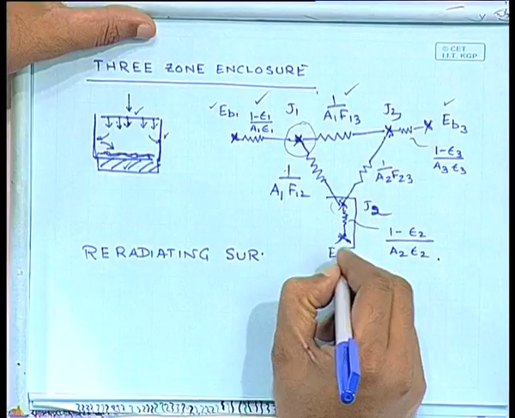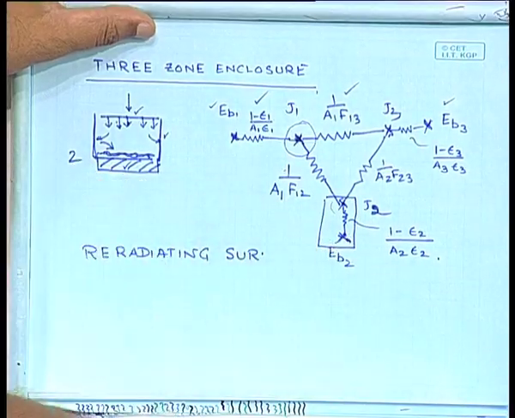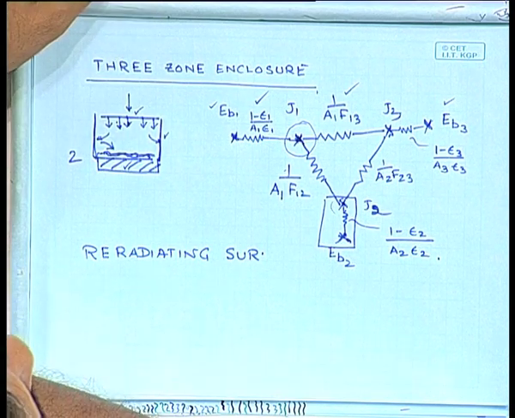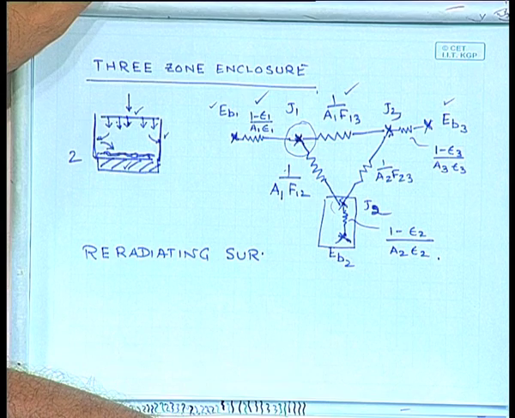So, if you are not adding anything from outside or extracting anything, what is the current between this? Let us say this is surface 2, current would be 0. So, if the current is 0, what can you say about EB2 and J2? They are equal. So, for a radiating surface, radiosity and your emissive potential are the same.